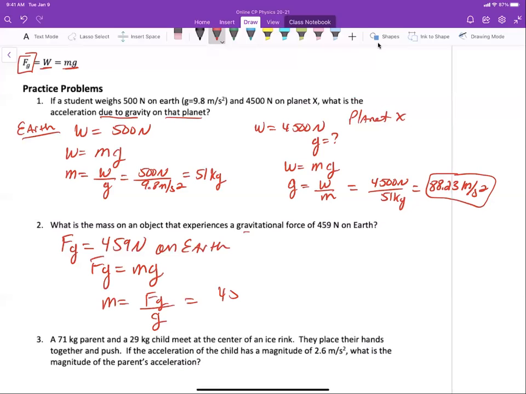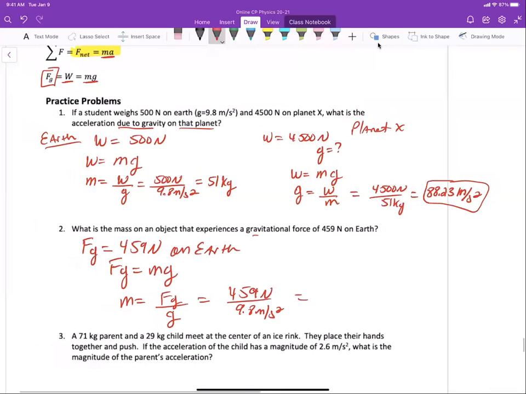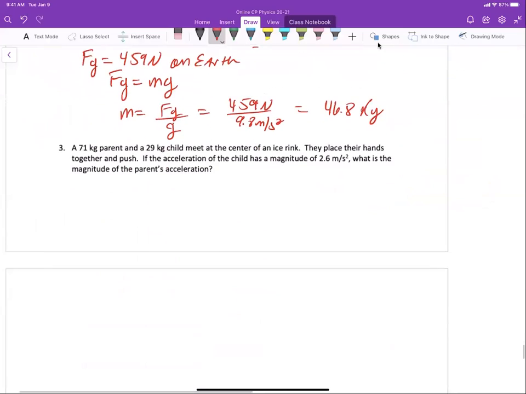So we take 459 newtons and we divide it by 9.8 meters per second squared. And that equals 46.8 kilograms.